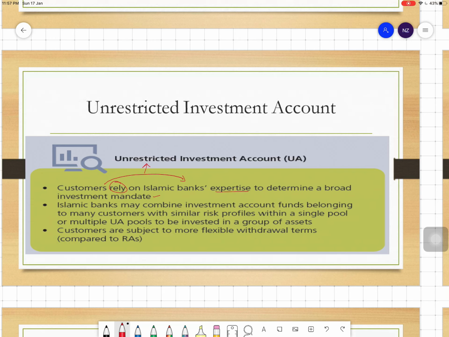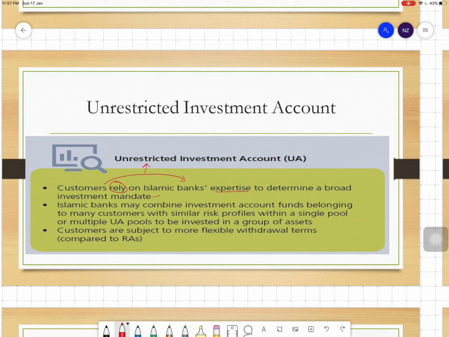And then Islamic bank may combine investment account funds belonging to many customers with similar risk profile within a single pool or multiple unrestricted account pools to be invested in a group of asset.